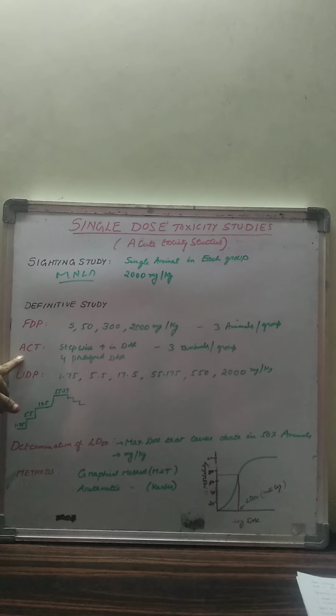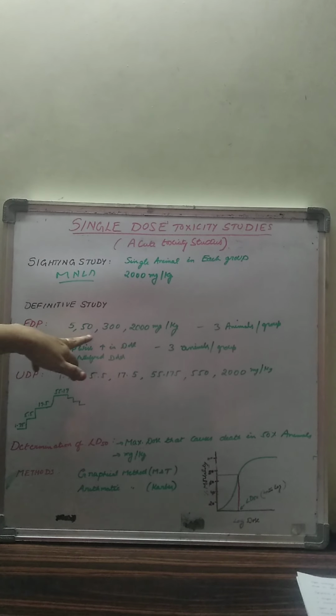But if you see the ACT, that is the acute class toxicity method, here you have to proceed stepwise. Here also you will take 4 predefined doses, which will generally be the fixed doses. These doses will be given in a class-wise manner. That means here also each group will have 3 animals, but for the first group only you will give the first dose.